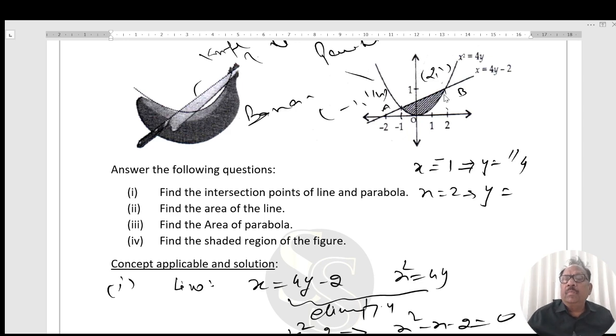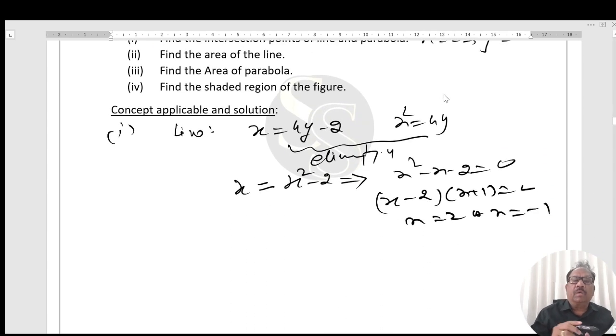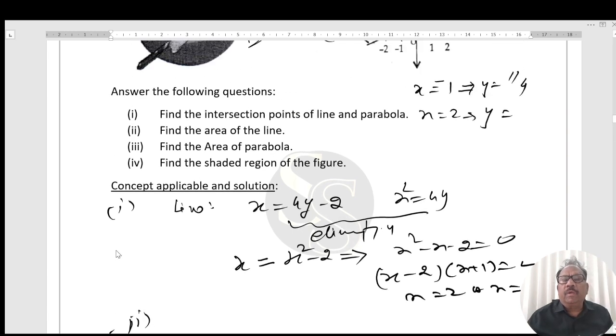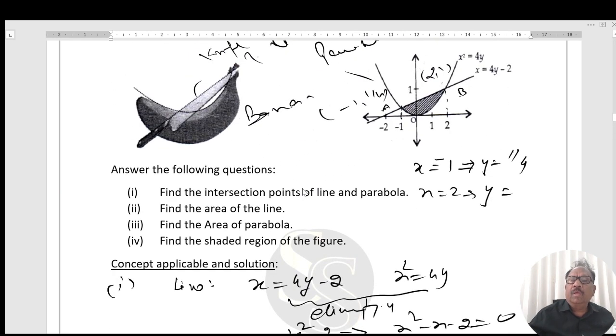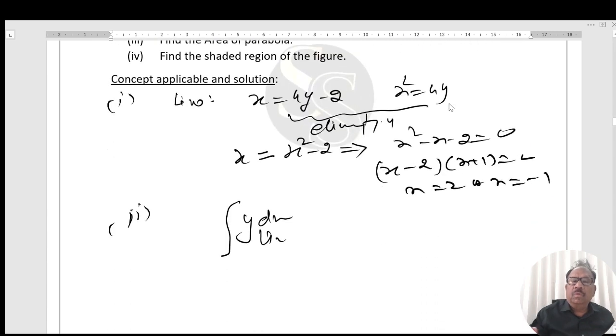Second part. Find the area under the line. Area under the line means integral of y dx. It will start from minus 1 to 2. Minus 1 to 2.